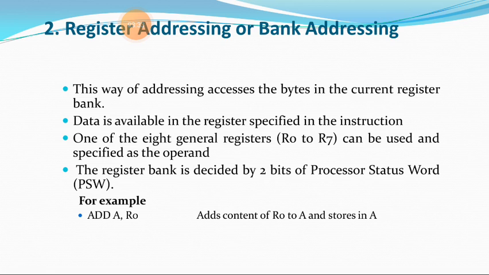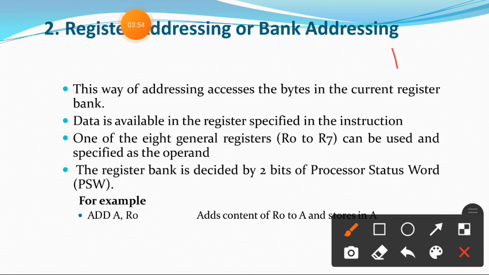The next one is register addressing or bank addressing. What is register addressing? This way of addressing accesses the bytes in the current register bank. We know that there are 4 register banks in 8051: register bank 0, register bank 1, 2 and 3.